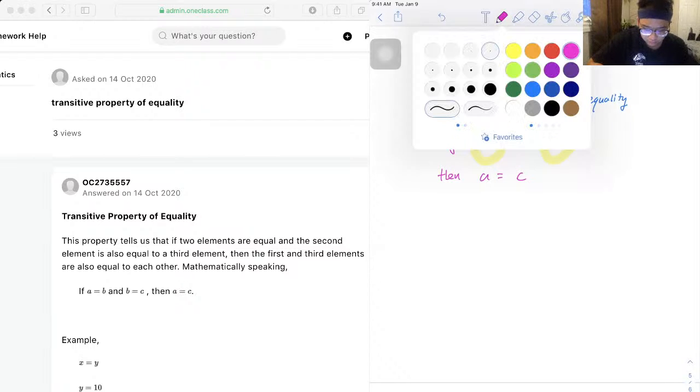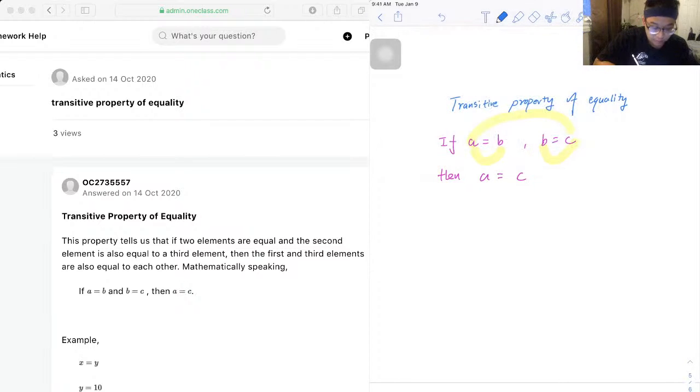Right, so a given example could be, let's say, A is equal to B and B is equal to 100.